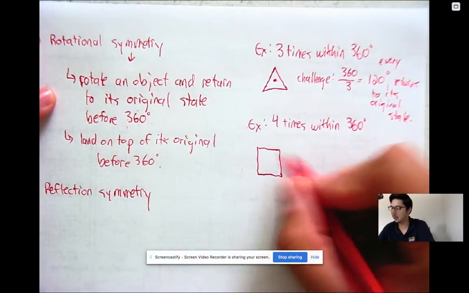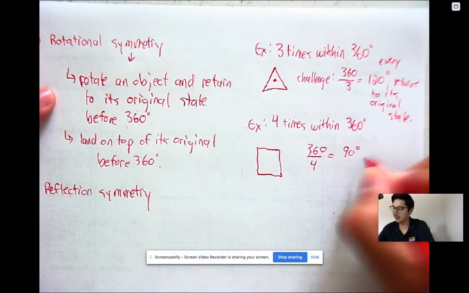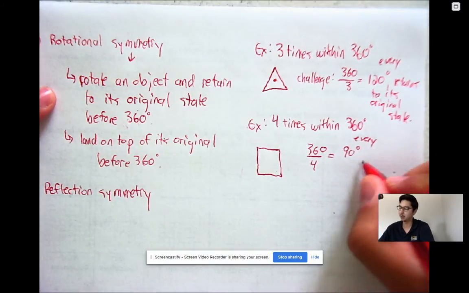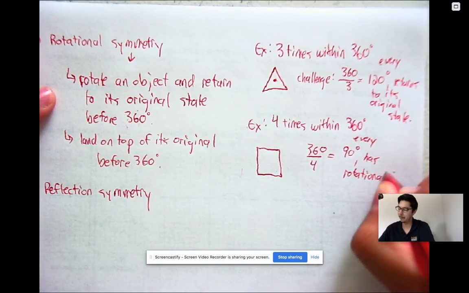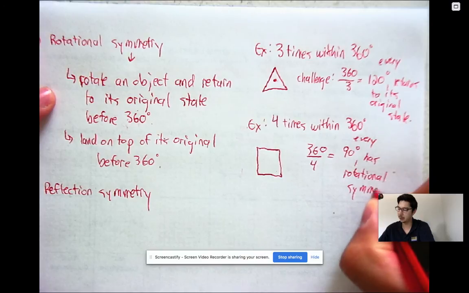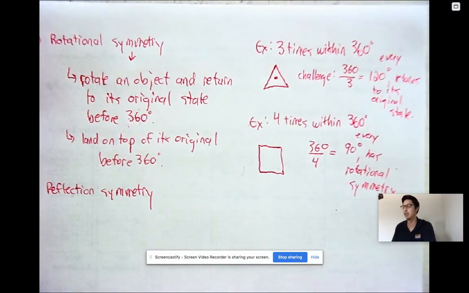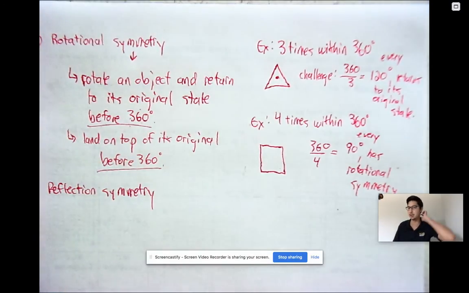And then for the square, if you did 360 divided by 4, you'd get 90 degrees. So that's the idea there, every 90 degrees, it has rotational symmetry. So that's what rotational symmetry is, something that you can rotate and it'll be back on top of itself before you do a full rotation. Right? Emphasis on the before 360.